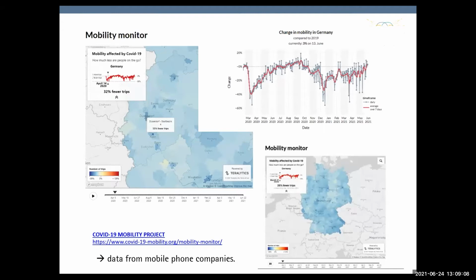In this case, data comes from mobile phones and is provided by the mobile phone companies, and it gives you data on where the phone has been in a certain period of time, assuming that the phone doesn't travel on its own, but is on a journey together with a human person.